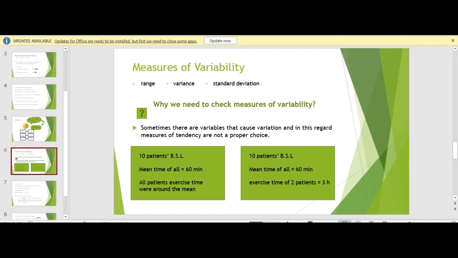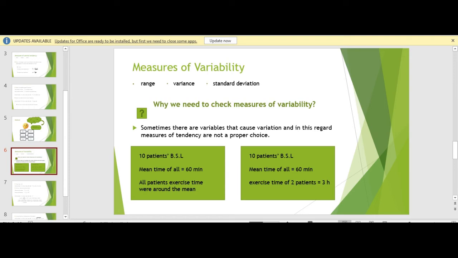The important thing in reporting measures is that sometimes measures of central tendency like mean can be misleading, and that's why we need to check the measures of variability. For our example, let's say that the period of time dedicated to exercise influences blood sugar level. Consider that the mean exercise time of these 10 patients is 60 minutes per week with very little variation from the mean. Meaning that most of the patients do around 60 minutes of exercise each week.